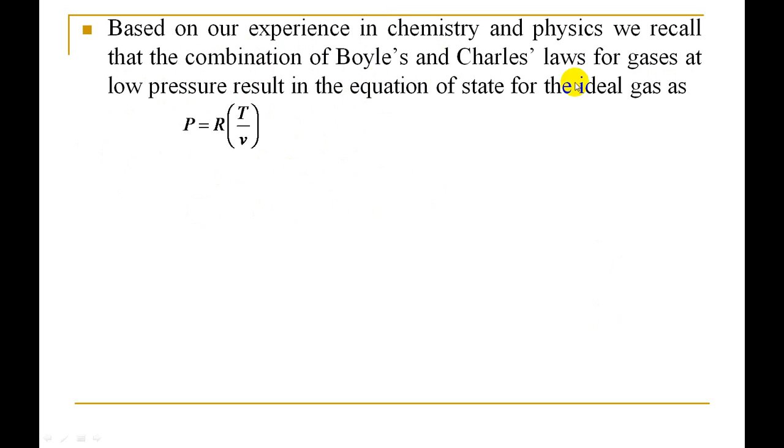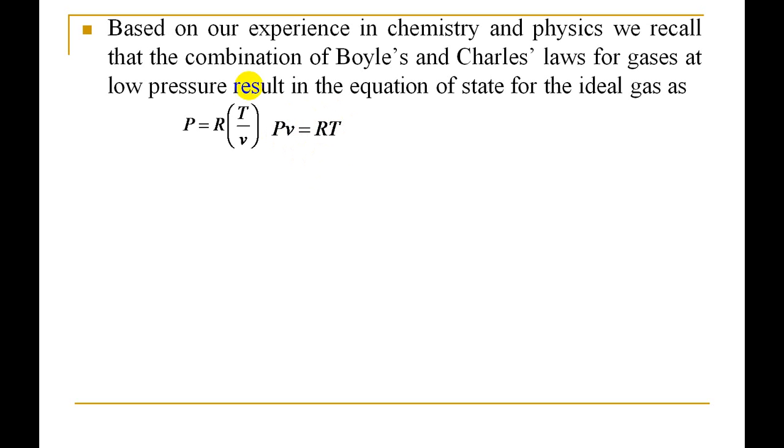We can rewrite this equation in this form: PV = RT, where P is pressure, V is specific volume, R is the gas constant, and T is temperature.